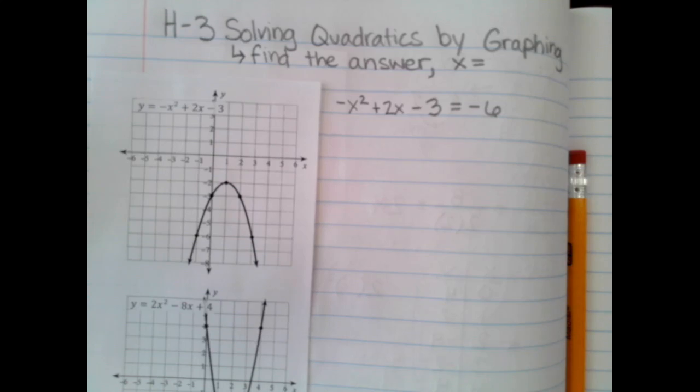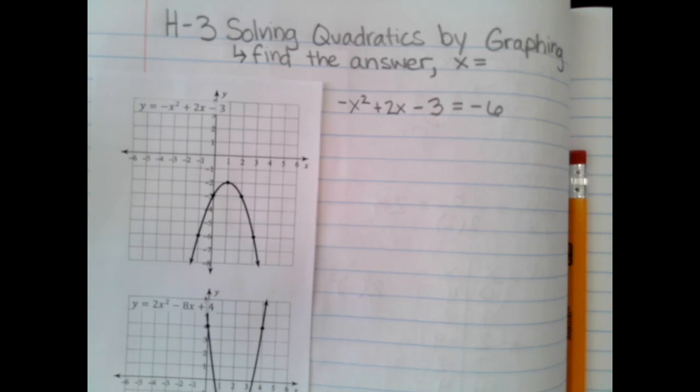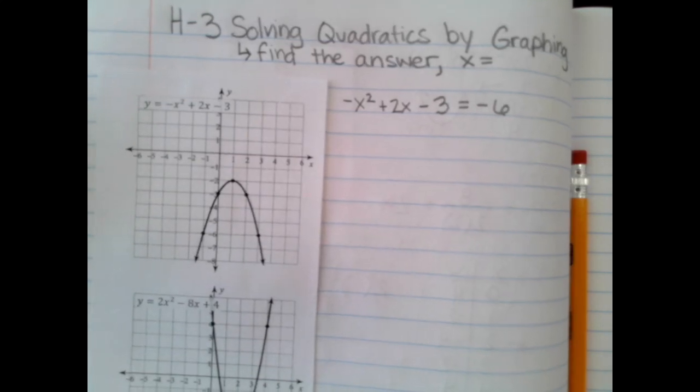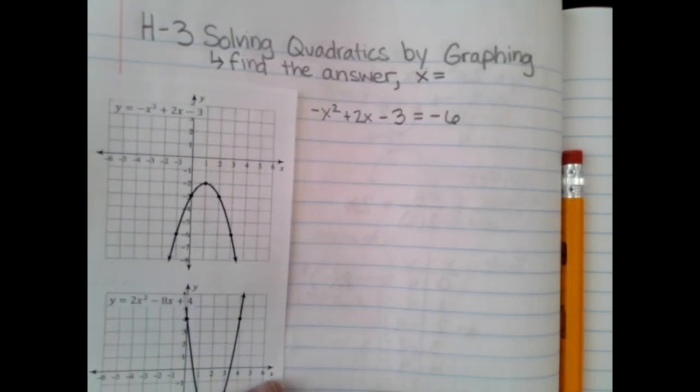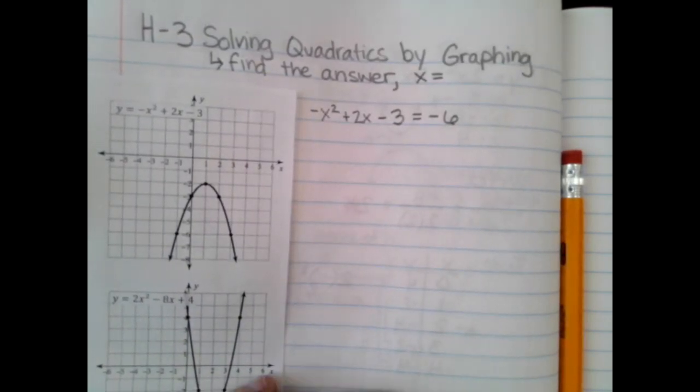So if you look at your graph, is there anywhere on the graph where the answer or the output is negative 6? When you think of outputs, which variable usually means output? X or Y?